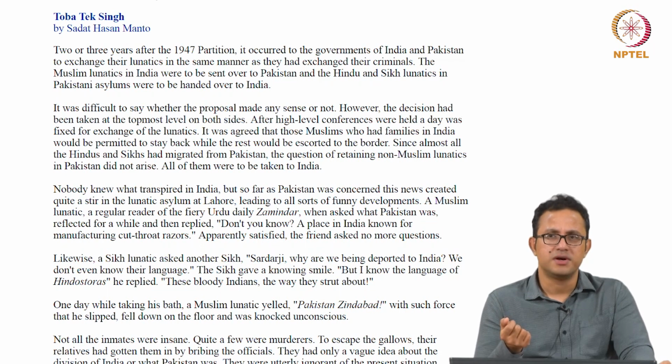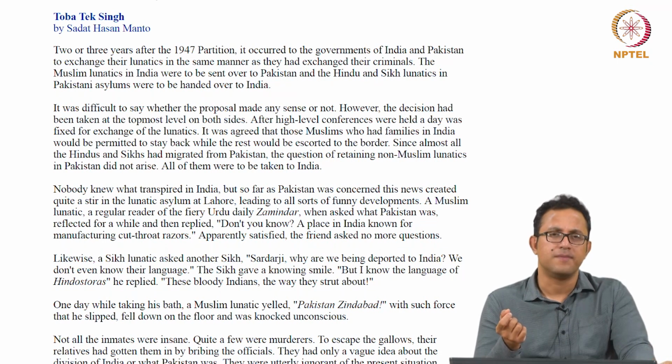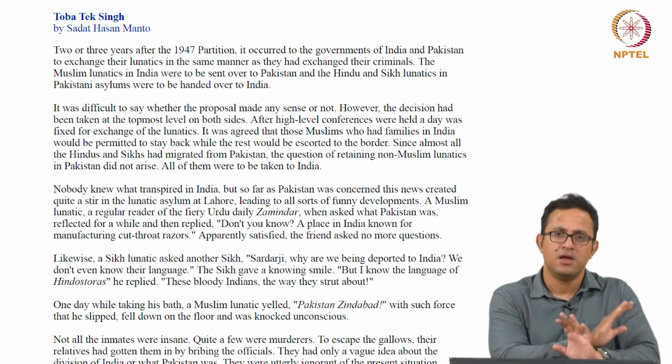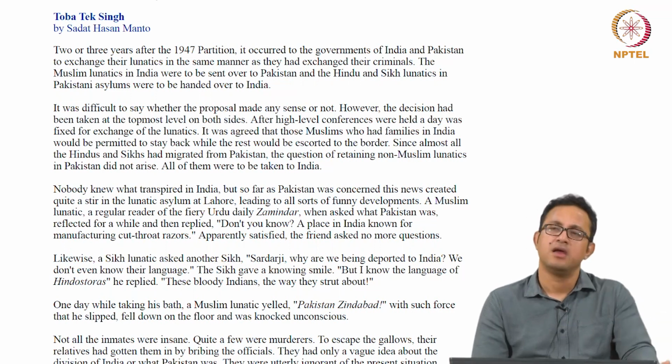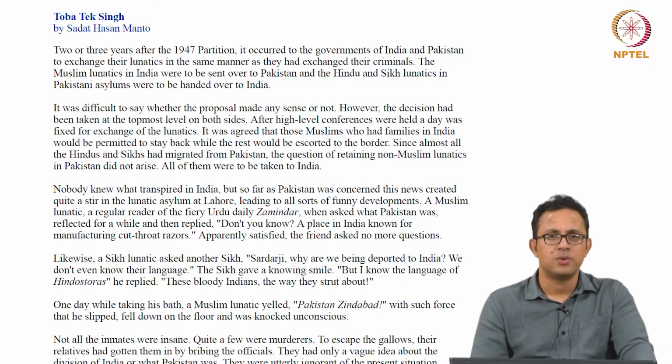But also, Toba Tek Singh becomes a very real reminder of how these spatial classifications are done in such an absurd manner to the extent that certain spaces get erased completely from human imagination. They get erased completely from the map-making imagination, where you make a map but you don't include certain spaces, so those are effectively erased away. Right? So Toba Tek Singh is also an erasure of space, which in a way contributes towards an erasure of identity.